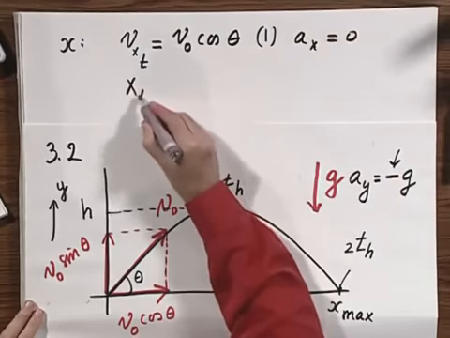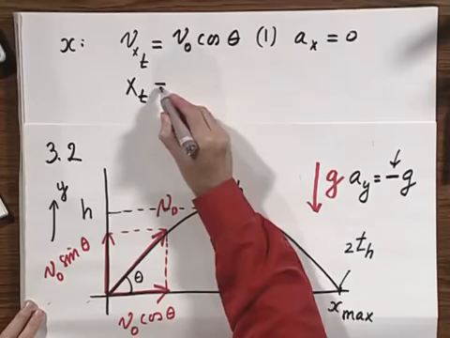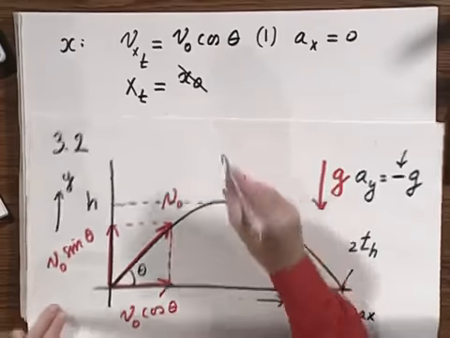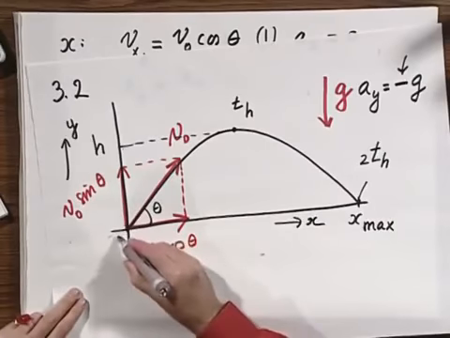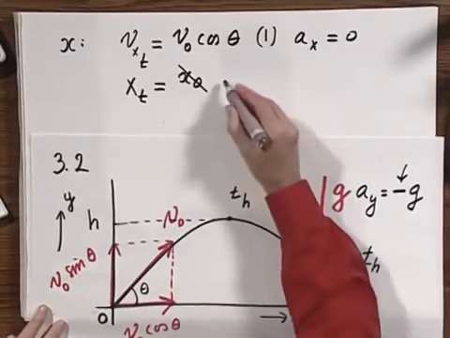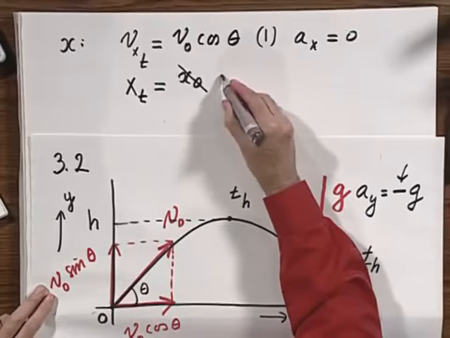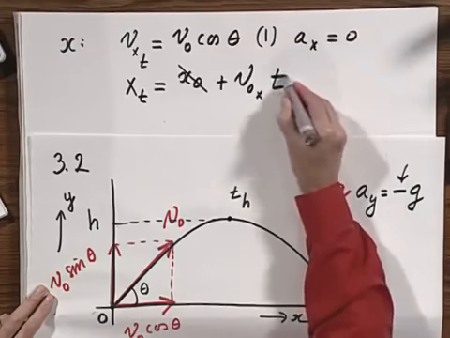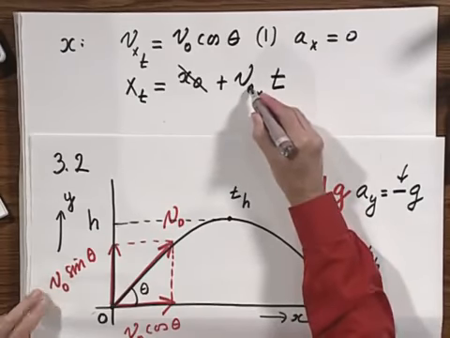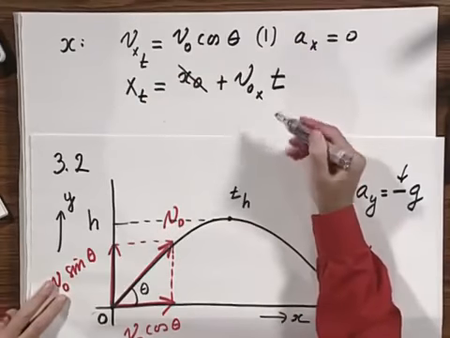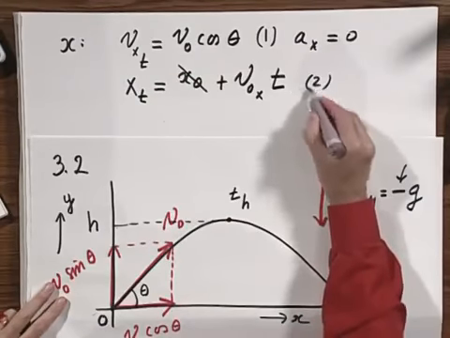The position in the x direction at any moment in time equals x0, which I will conveniently choose 0, so I choose this origin here 0, both for y and for x, plus v0 in the x direction times t. But the v at time t equals 0 is the v at any time in the x direction. So that's equation number 2.